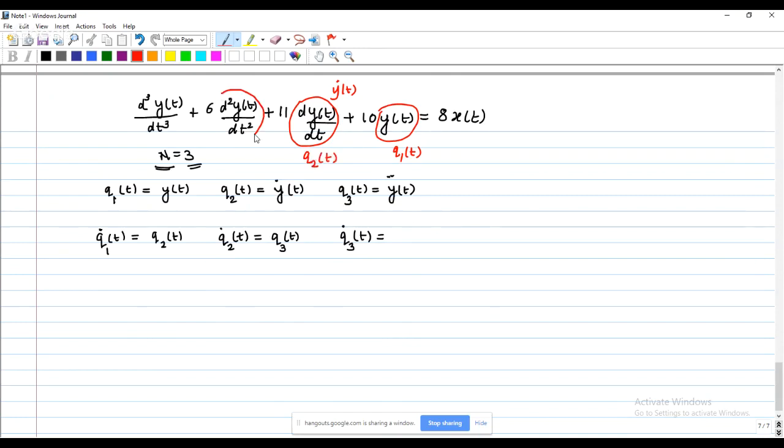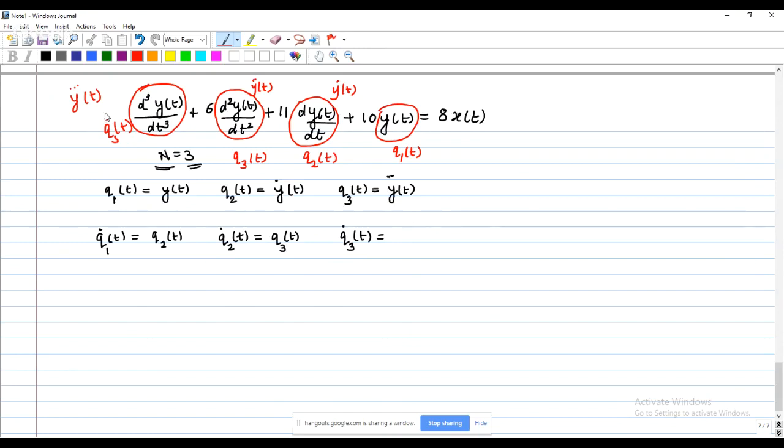This term, that is y double dot (t), will be q3(t). Now this term will be y triple dot (t), which is not q4 but q3 dot (t). Don't go for q4. We are at a third order equation. So I will write it as q3 dot (t).